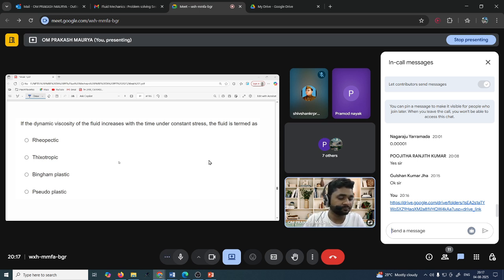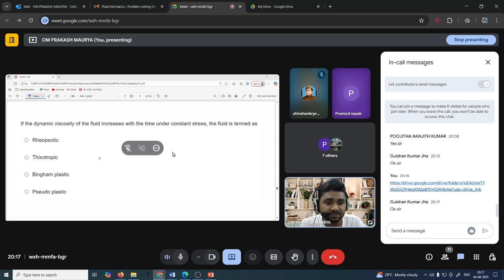Okay, so the question is: if the dynamic viscosity of the fluid increases with time under constant stress, the fluid is termed as rheopectic, thixotropic, Bingham plastic, or pseudoplastic. Rheopectic is the first answer.